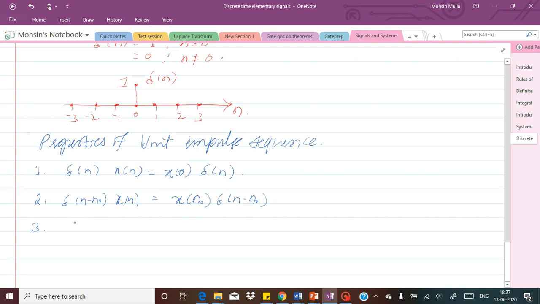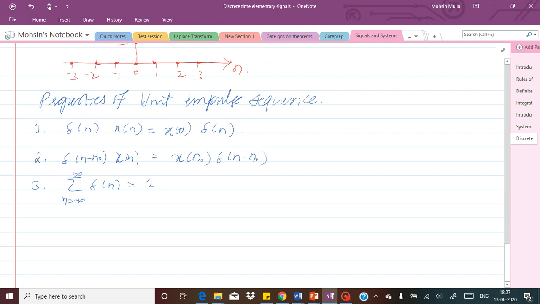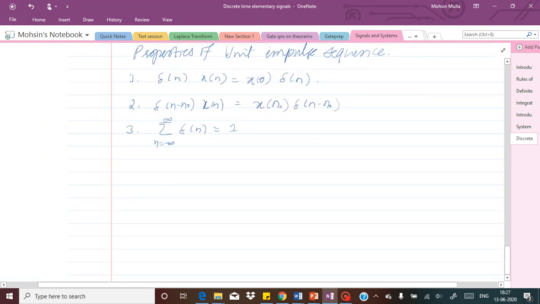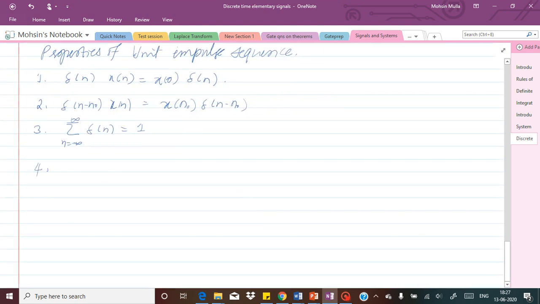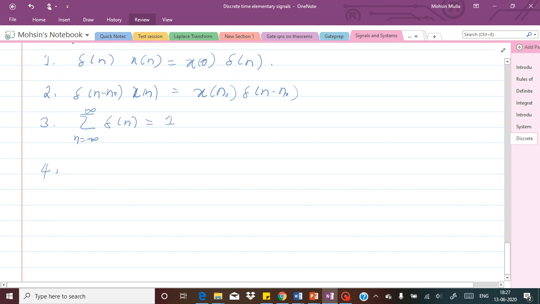Similarly, if there is a summation between minus infinity to plus infinity for del of n, as it has only one magnitude, it will be equal to 1 only. Then the fourth property is that if the summation is obtained from n equal to minus infinity to infinity of del of n x of n, in that case it will be equal to x of 0, because del of n in that case is 1.